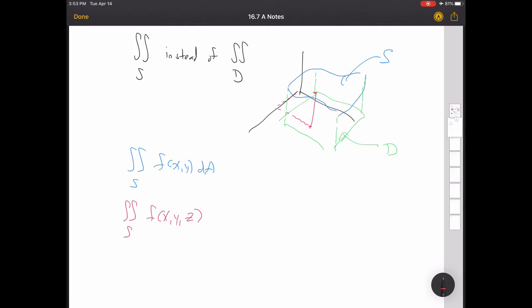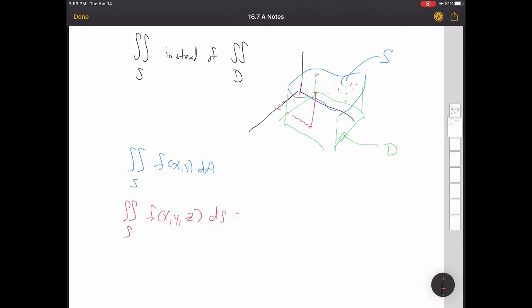That would give us the z. But now we're talking about an f of x, y, z, so all of the points here on the surface are included as part of the function. This is with respect to S, the f of x, y, z dS.